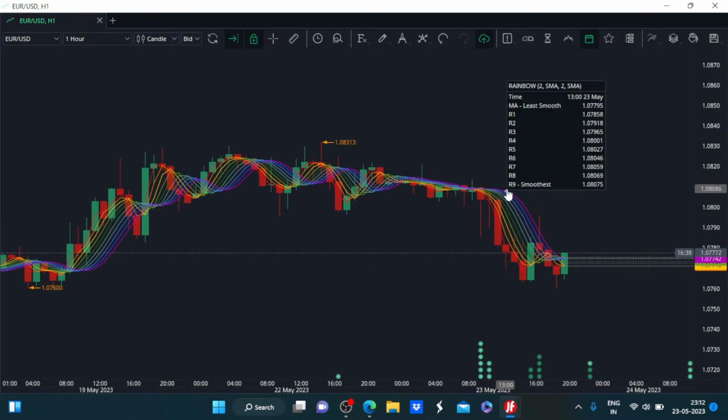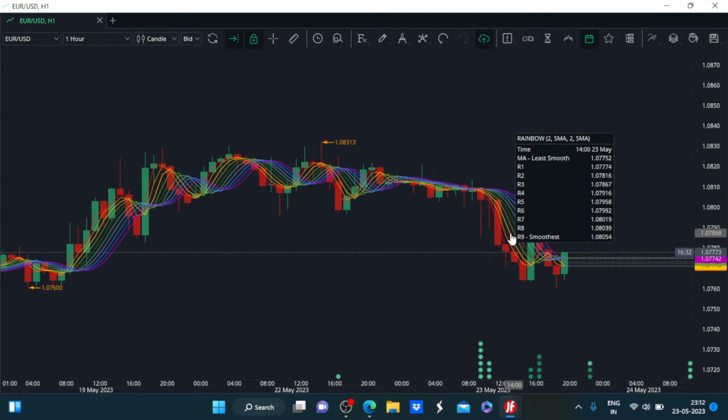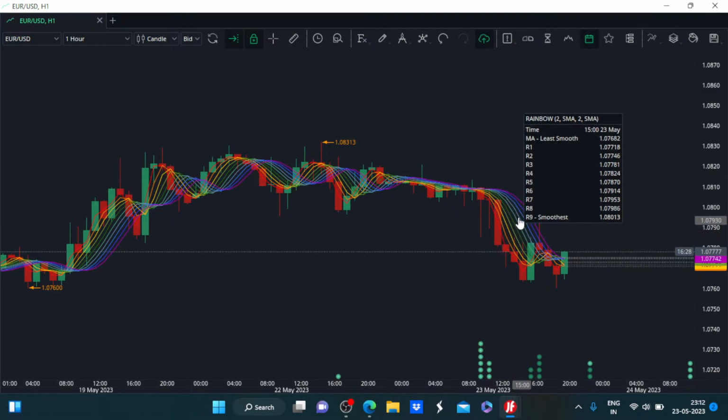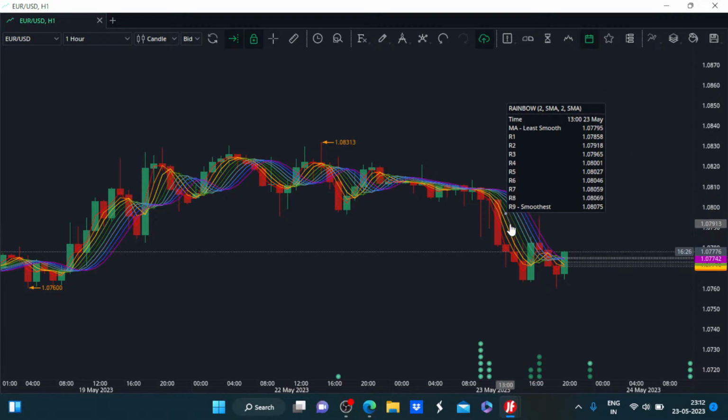So when that is in place on the chart, with the spectrum of the rainbow pointing downward with increasing width, that means the momentum is quite strong, the momentum is bearish, and we should keep looking for short selling opportunities.